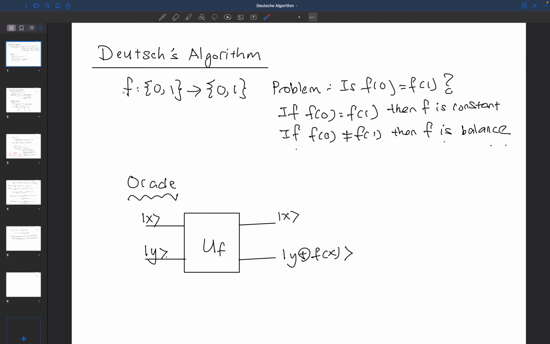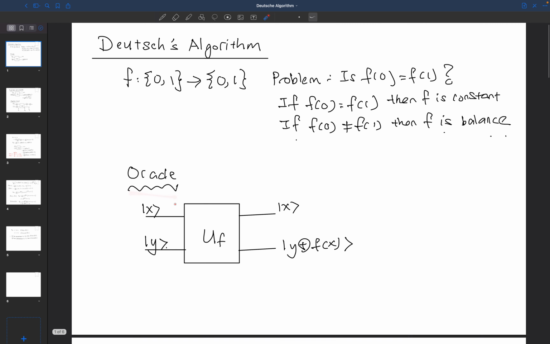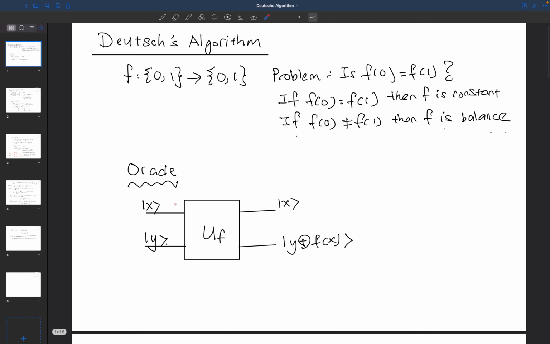First, we will need to convert a classical function to a quantum function, which must be reversible and unitary. This quantum function is commonly known as the oracle. So this is how we construct an oracle function.